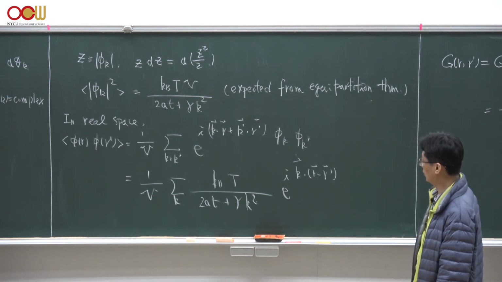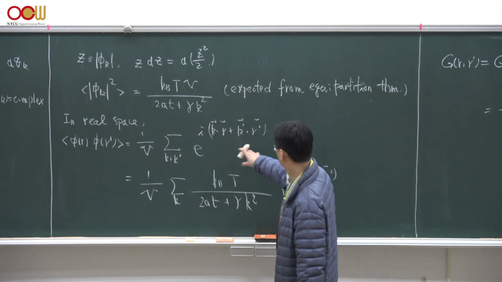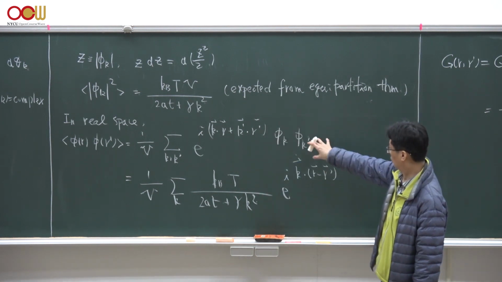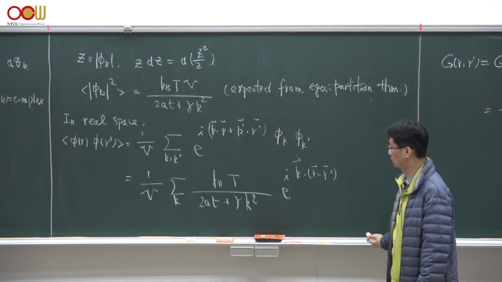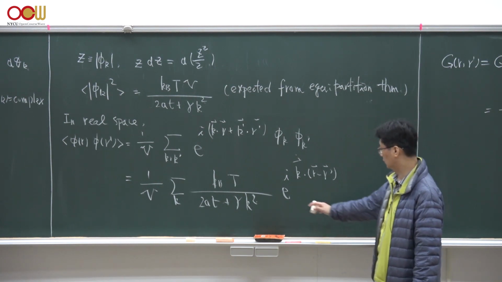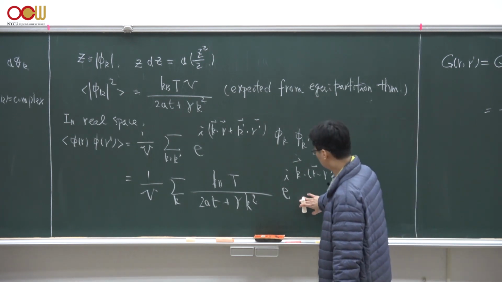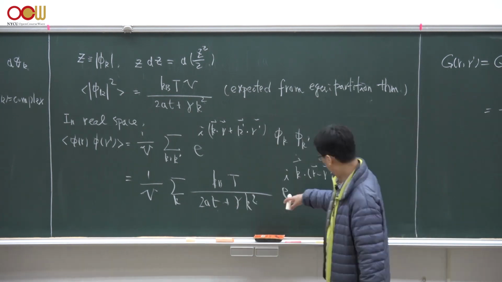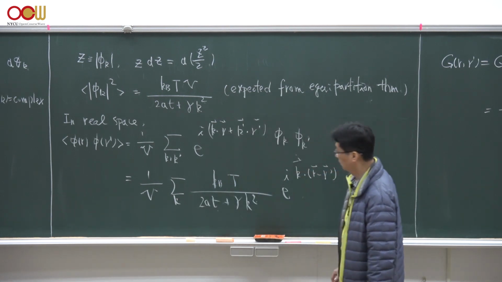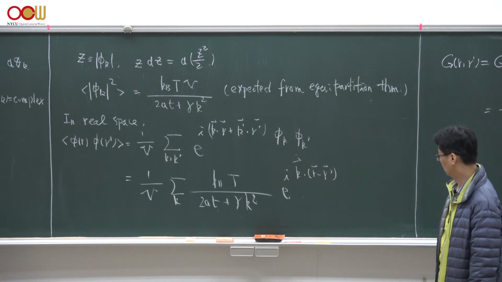So we can Fourier transform back to real space to see how this phi-phi correlation function behaves in real space. We can transform back from this k-space phi-phi correlator, and it leads to a momentum sum of the Fourier transform of this function. Of course, you could obtain some numerical results by integrating over these momentum variables.